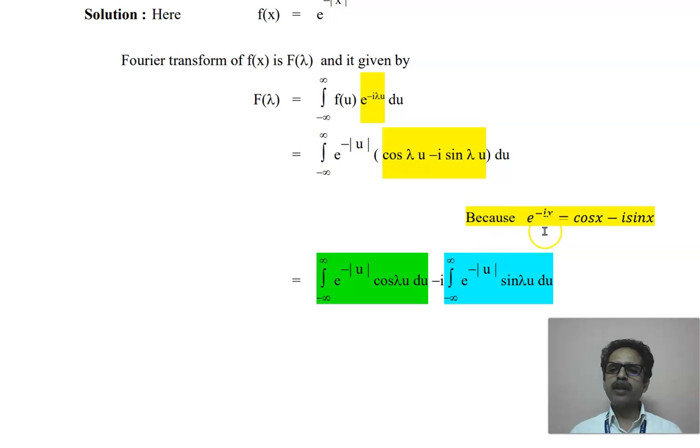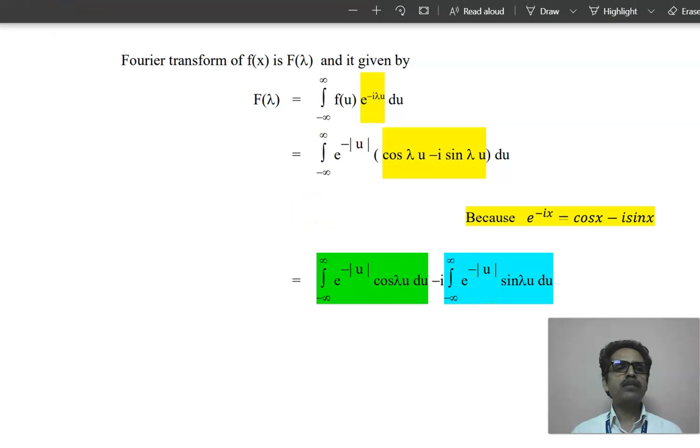e raised to minus ix is cos x minus i sin x. Using this formula we can write down this quantity as this, then multiply this bracket by e raised to minus mod u and split the integral in two terms. We have this.